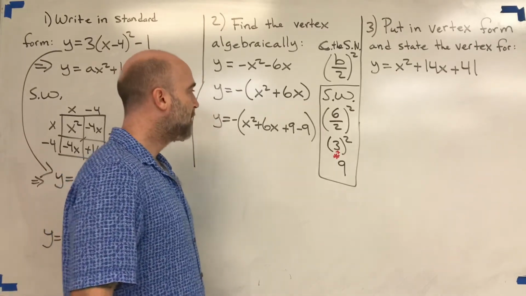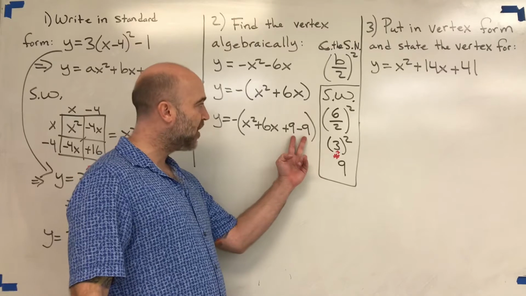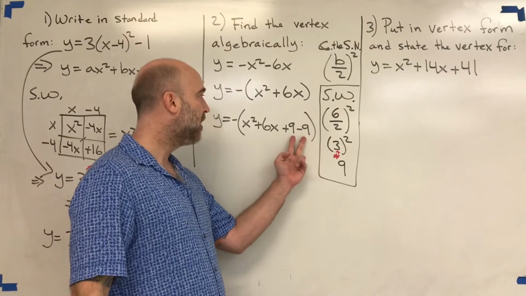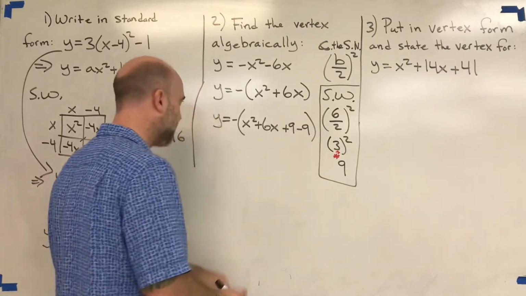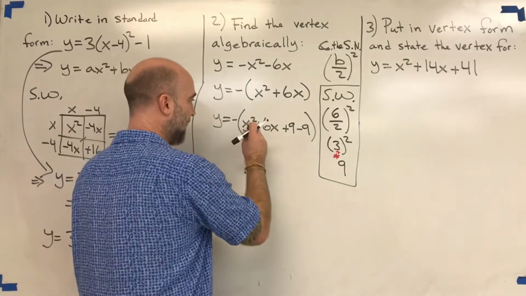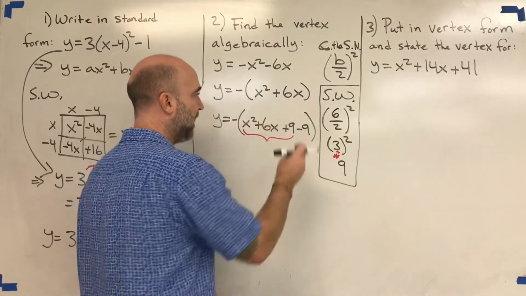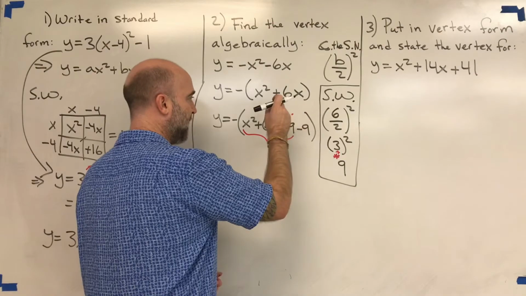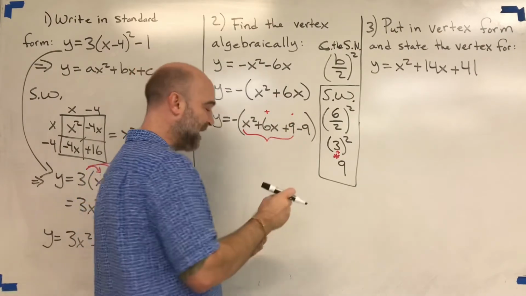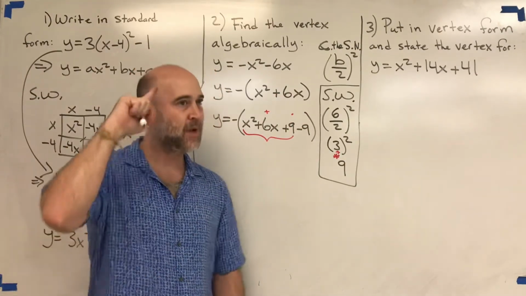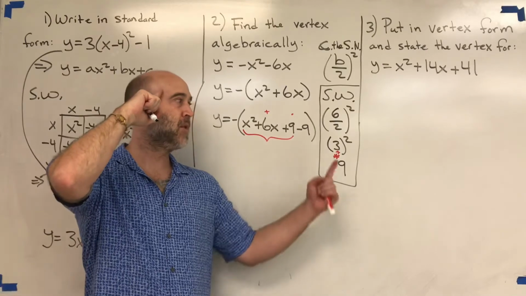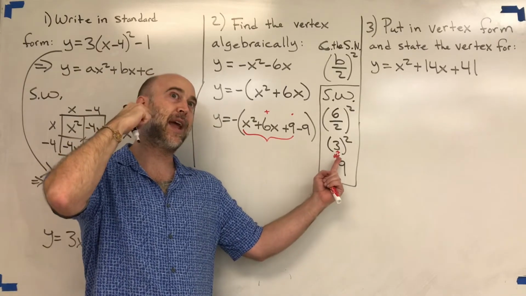Notice this is just adding 0. I added and subtracted 9 here. The whole point was so that I can get this one right there. What two numbers multiply to be 9 and add to be 6?